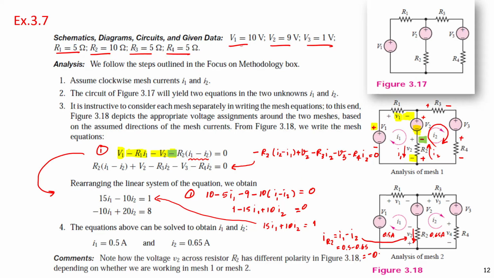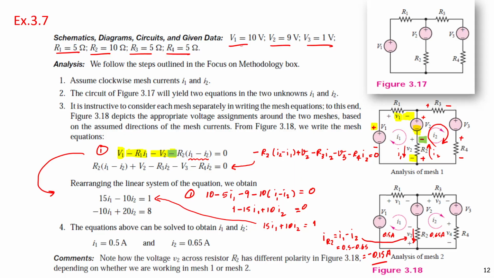Minus 0.15 amp. So this current is minus 0.15 amp. It means that in fact it's flowing up at 0.15 amp, because we get the negative value for this direction.